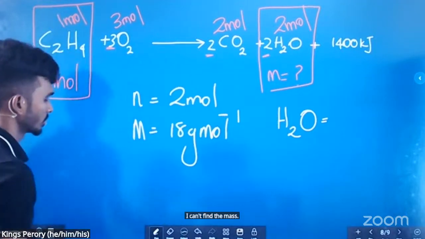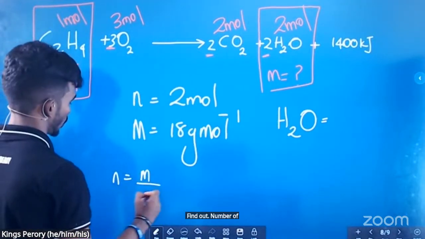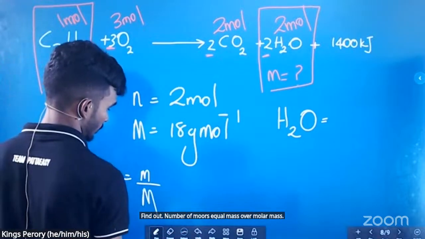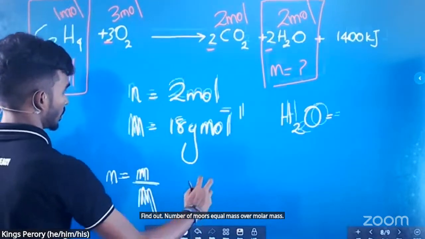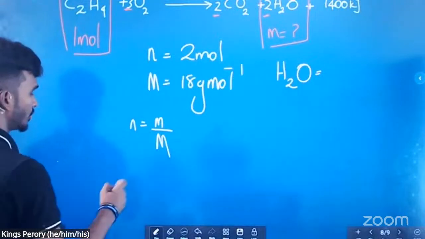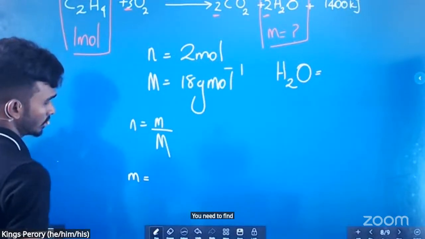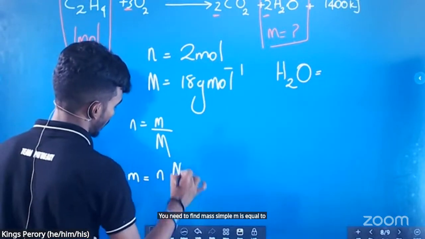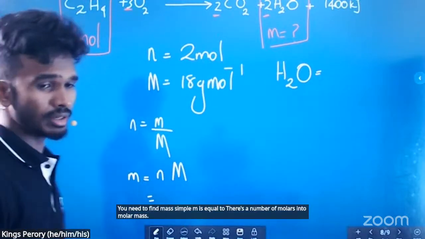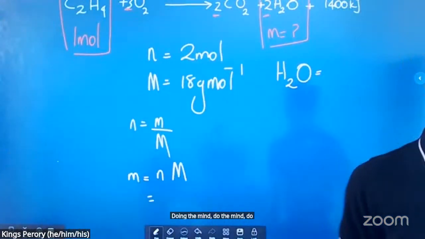Number of moles equals mass over molar mass. You need to find mass. Simple, send the molar mass to the other side: number of moles into molar mass. Do it in the mind.